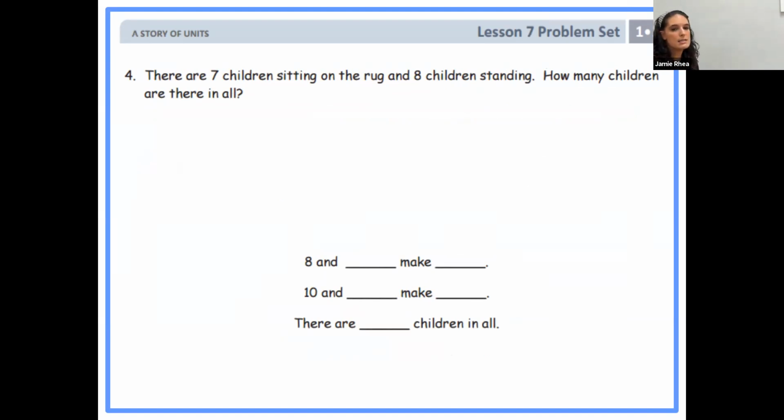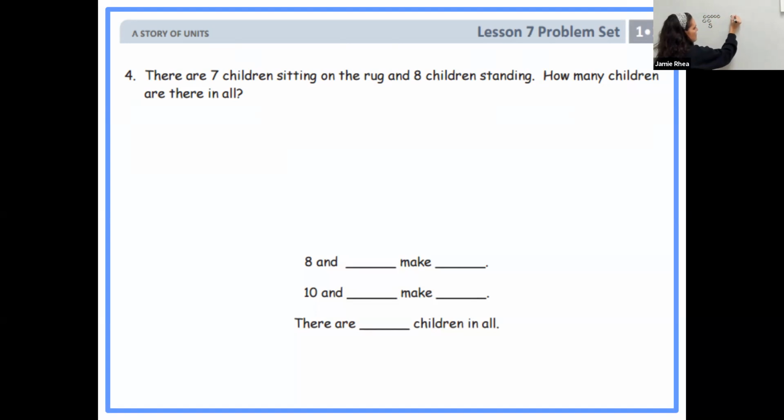All right, there are 7 children sitting on the rug and 8 children standing. How many children are there in all? Okay, again, I'm going to draw it out to help me. 7 children. 1, 2, 3, 4, 5, 6, 7. I drew mine in a 5 group because it makes it easier to see. And I'm going to put S for sitting.